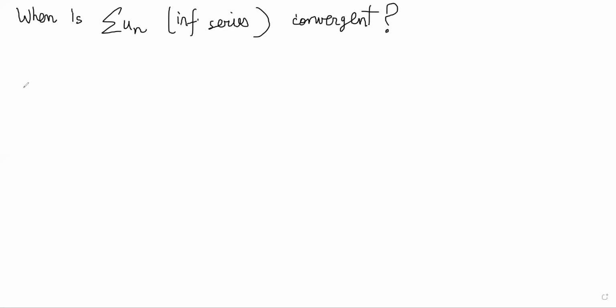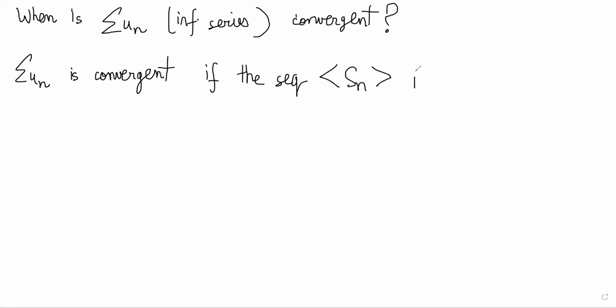So we will say this sigma un is convergent if the sequence Sn is convergent, right? That is your definition of convergence.